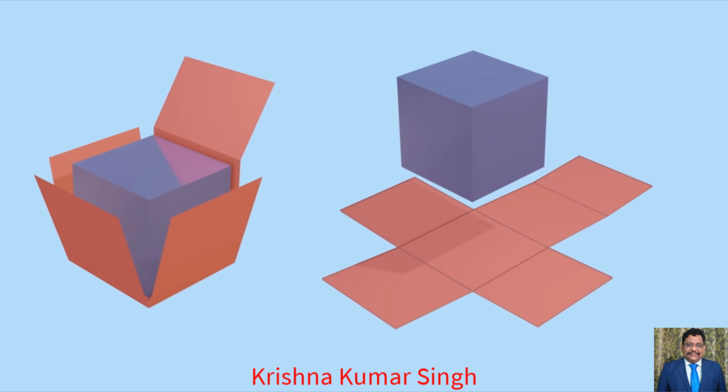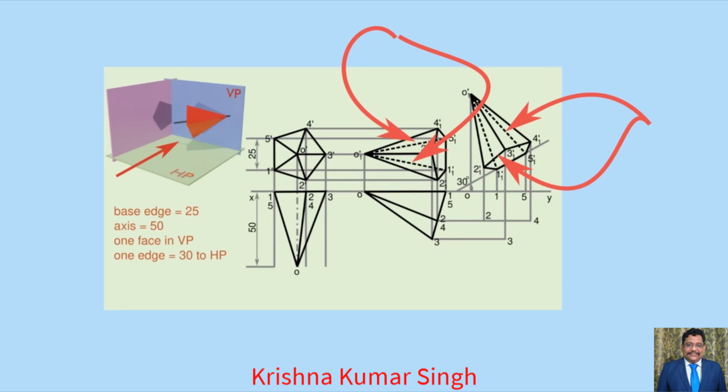And development is a representation of an unfolded sheet so that no edge of the solid remains hidden. It is clearly shown in the image that no edge or face of this cube remains hidden in its development, that is, in an unfolded sheet. So in development, no dotted lines are drawn like in projection. This is how development differs from projection.